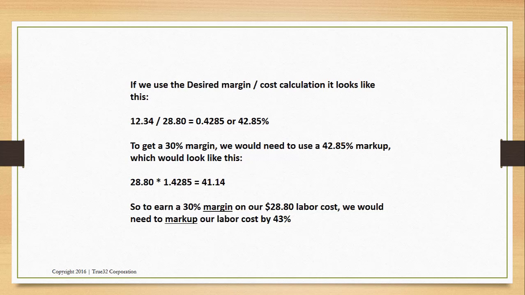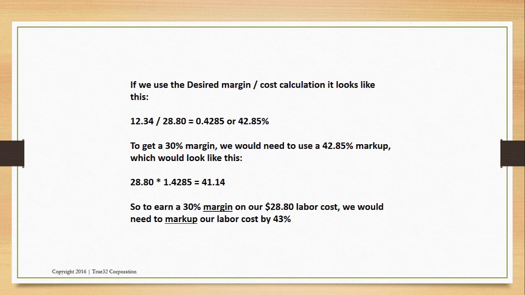Not wanting to presume anything, the 1 is to give us that beginning number. If we had $28.80 in labor cost and we wanted to mark it up by 42.85%, we use the 1 before the decimal point to give us our original number. 1 times 28.80 is 28.80. So we don't have to do the math after the fact.